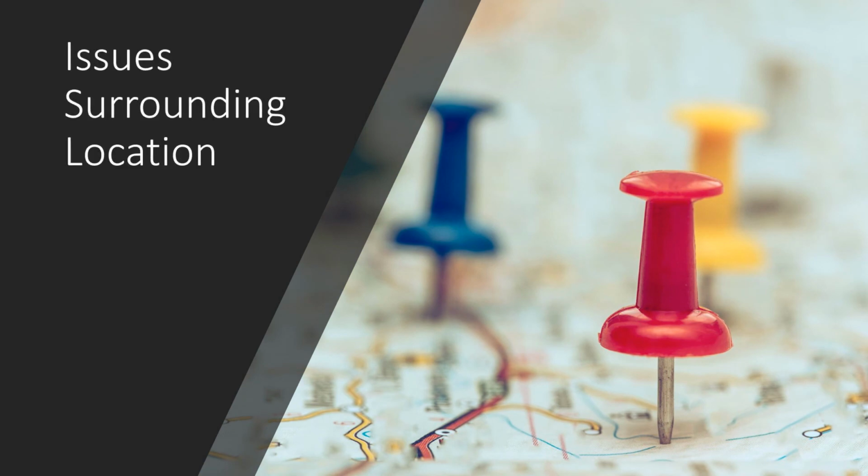Many devices and applications share your location by default. When you install a new app, in the TOS or Terms of Service, many have a clause that allows for the sharing of your location with the app company.